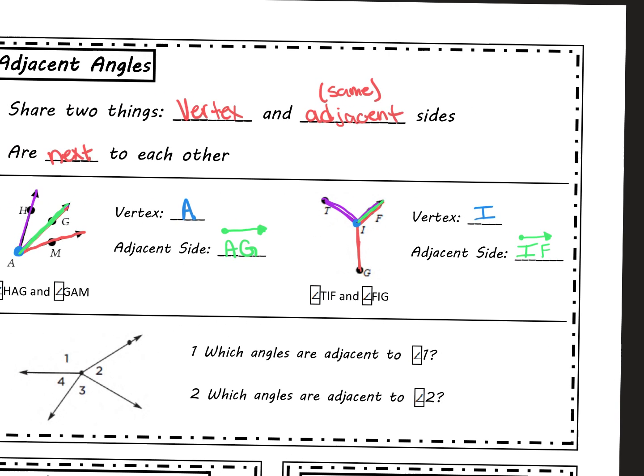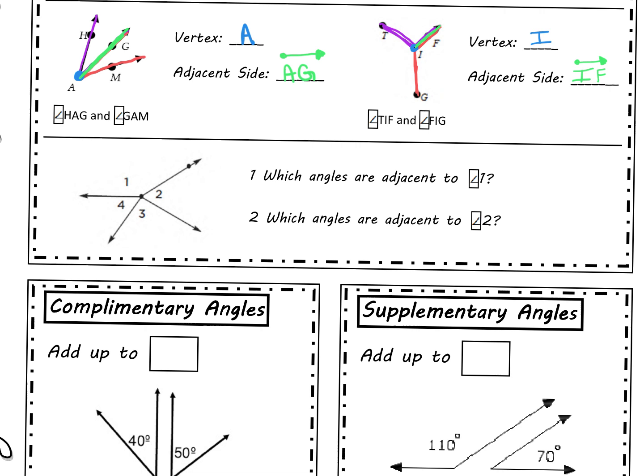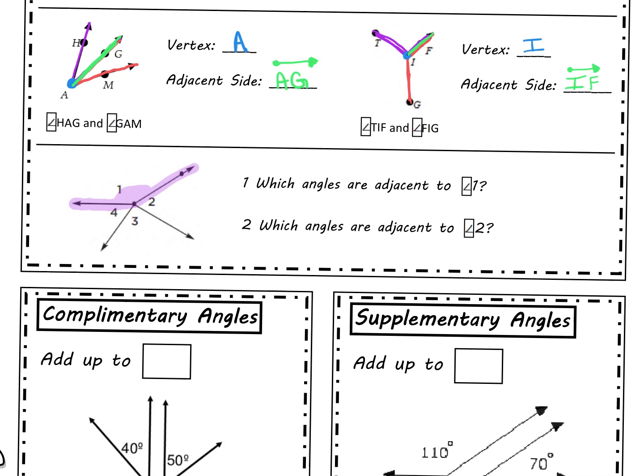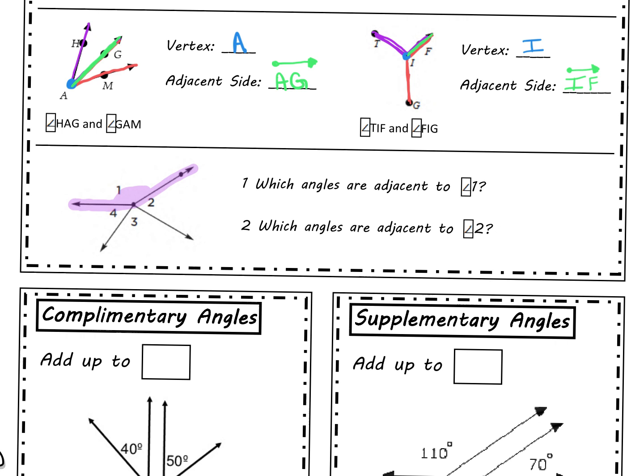All right, moving over to this third section right here. It says which angles are adjacent to angle 1. So let's go ahead and highlight angle 1. Angle 1 is going to be this angle right here. Now it wants to know what angles are adjacent, aka what angles are next to it. Let's go ahead and hit our first adjacent angle in green.